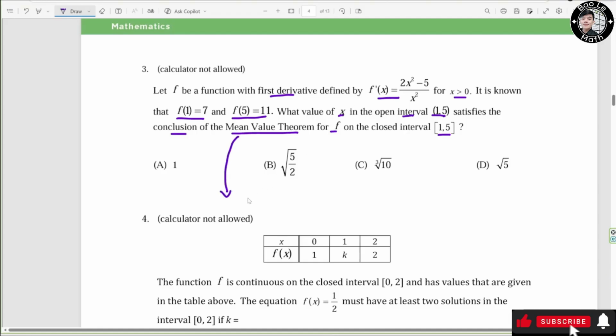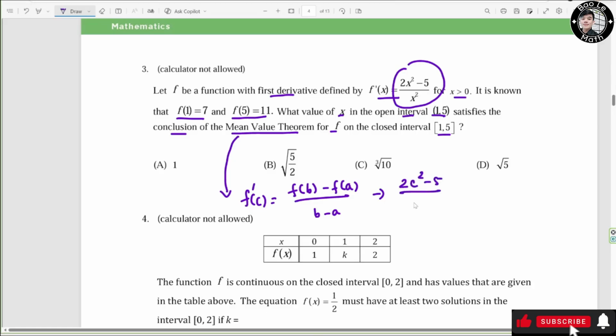So we have f prime of c equals f of b minus f of a over b minus a, right? Now f prime of c is right here, right? So I just replace x with c, right? So I have 2c squared minus 5 over c squared equals f of b, which is 11. f of a is 7, right? So 11 minus 7 over 5 minus 1, right?